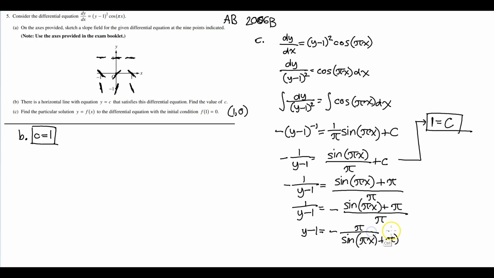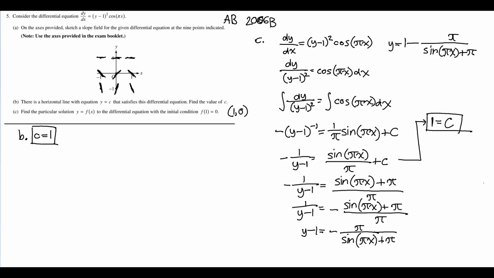If you add 1 to both sides, you get y equals 1 minus pi over (sine of pi x plus pi).